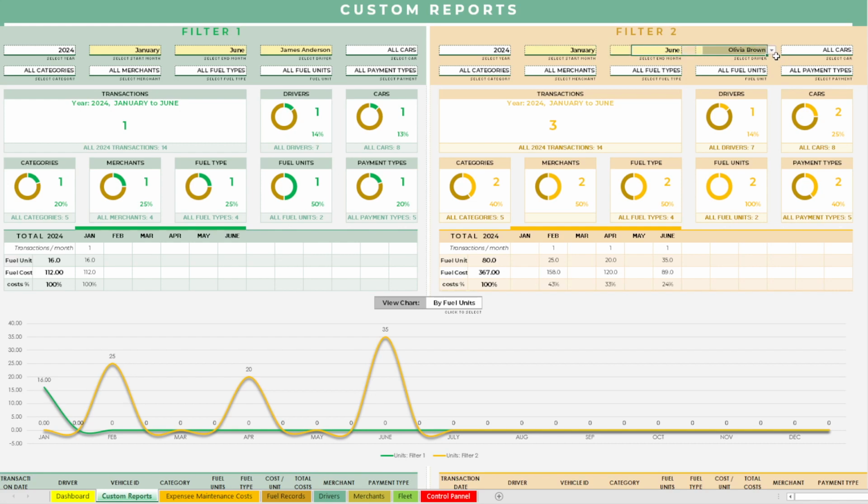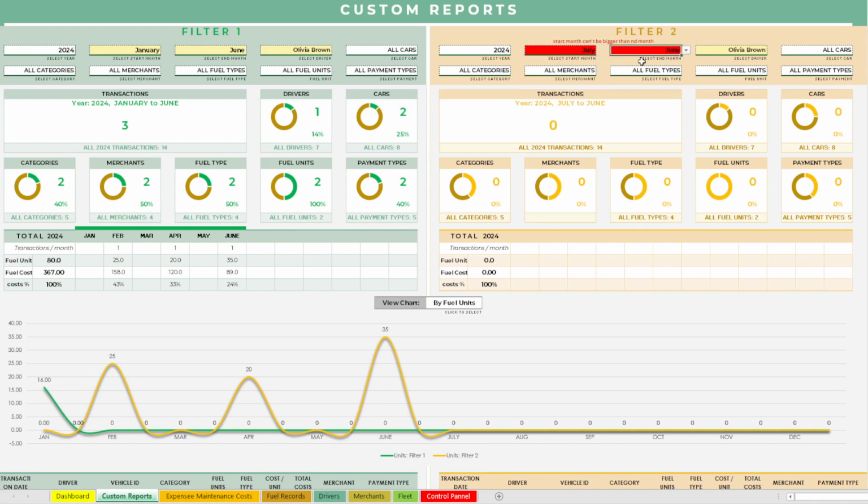For example, you want to see, let's see, Olivia Wilson. Let's do one more scenario just to let you see how much you can get with this kind of custom report and why we did it.